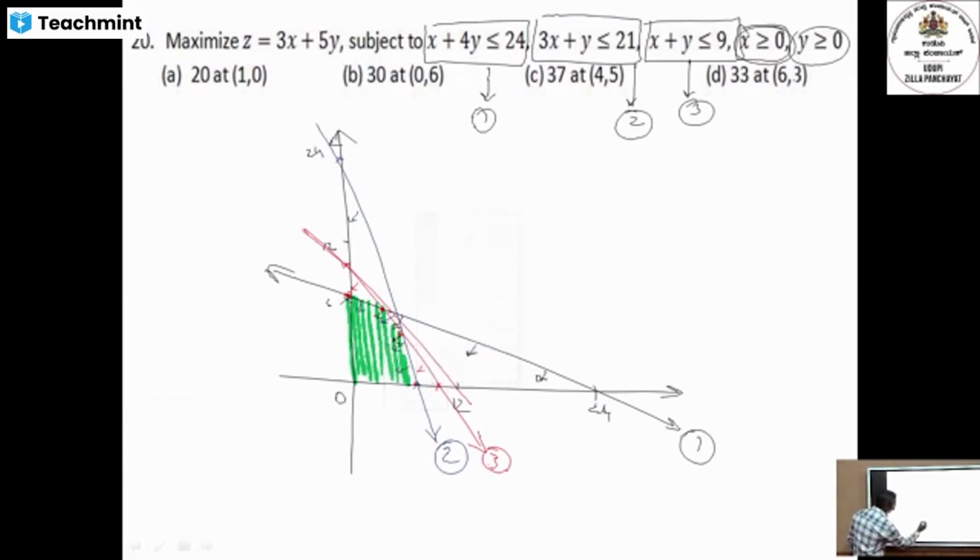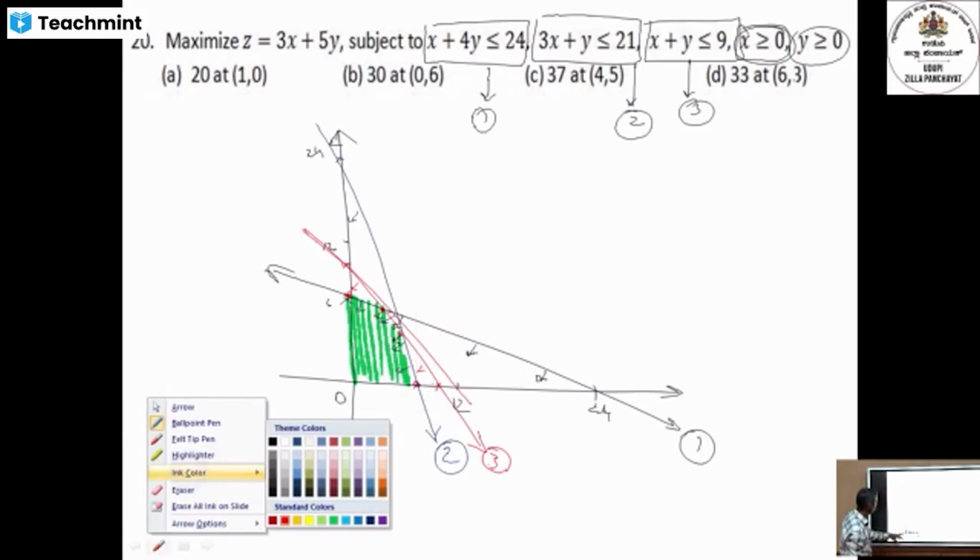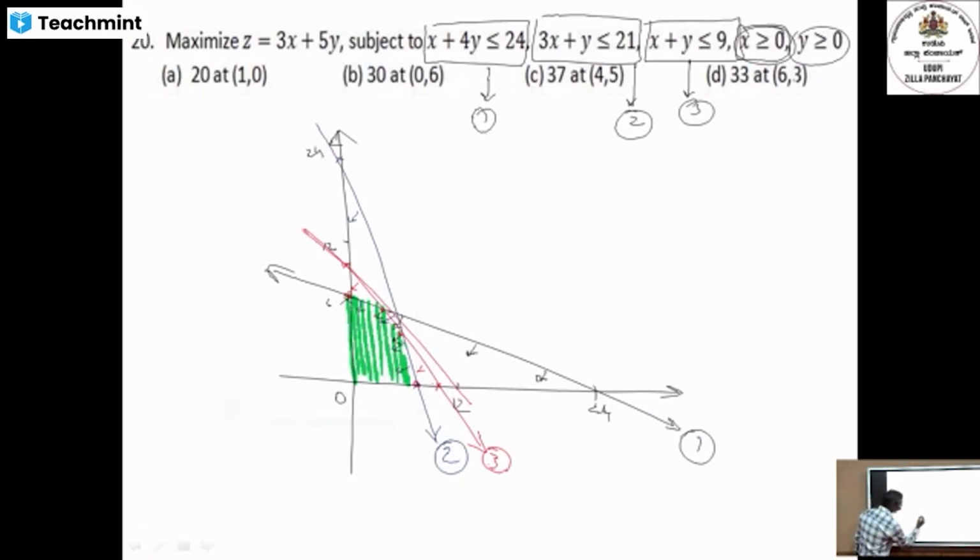Sorry, I'm used to it. So when you consider this region, these are the corner points.